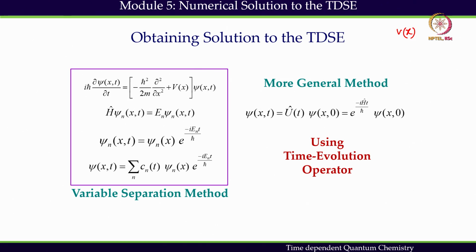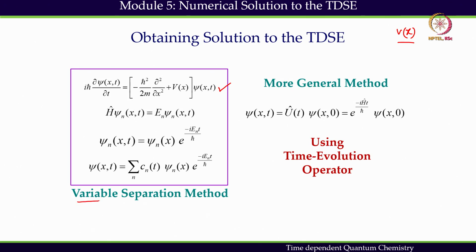There are problems in time dependent quantum chemistry where the potential will depend on time, but that part will be discussed later. So far we are saying that the potential does not depend on time. If it does not, then the one dimensional Schrodinger equation should look like this. We are quite familiar with this form, and we can solve this equation with the help of the variable separation method.